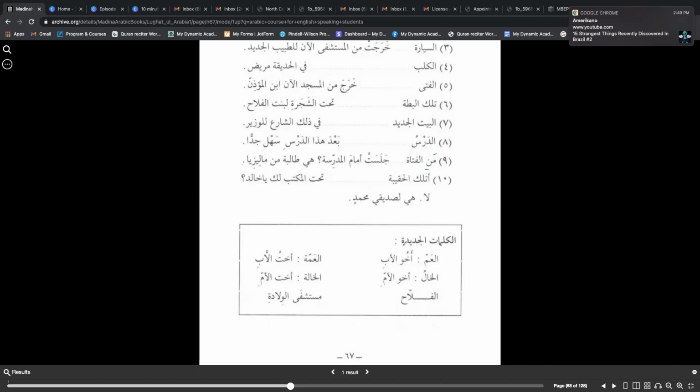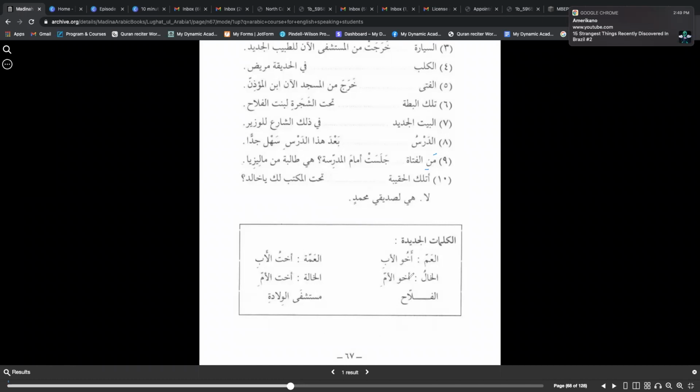Okay. الكلمات الجديدة, the new words. We have العم. العم is أخو الأب, he's the brother of the father, so he's the paternal uncle. العمة أخت الأب, the sister of the father, so the paternal aunt. الخال أخو الأم.